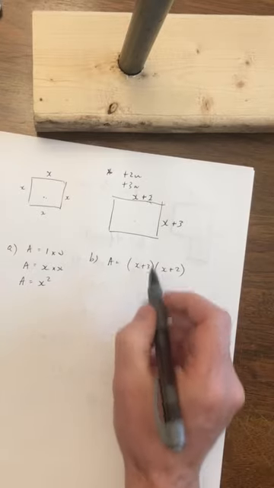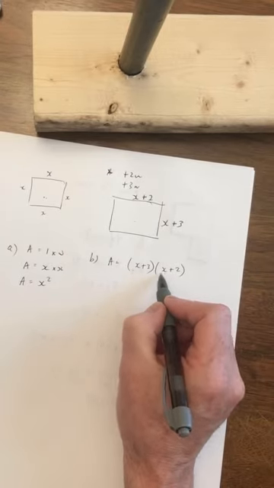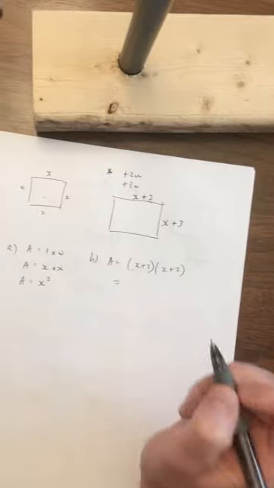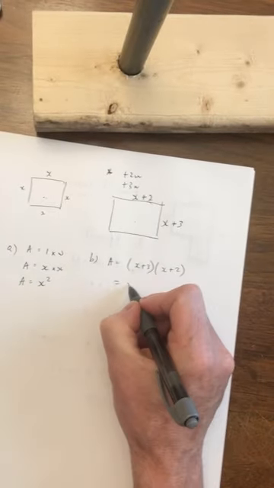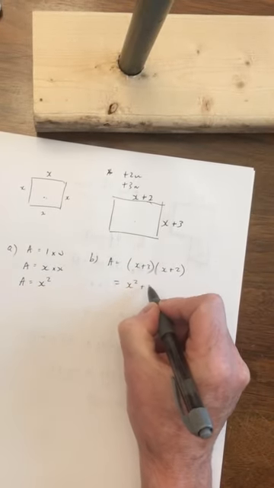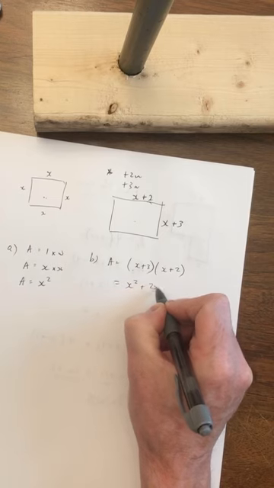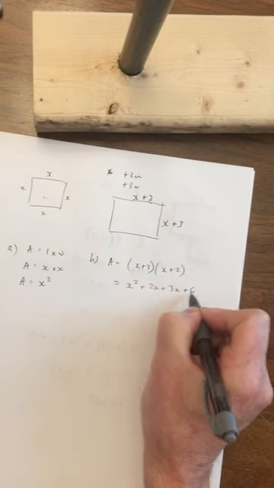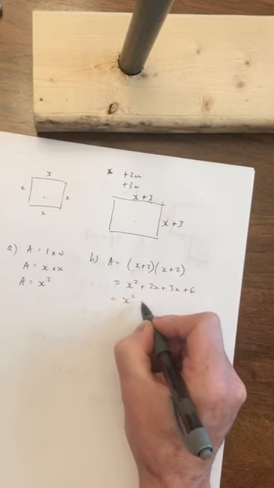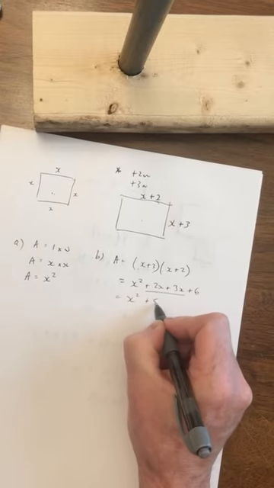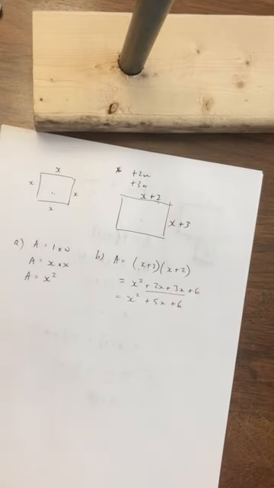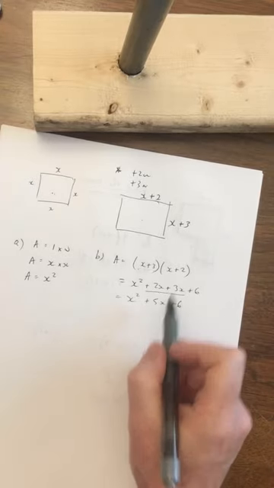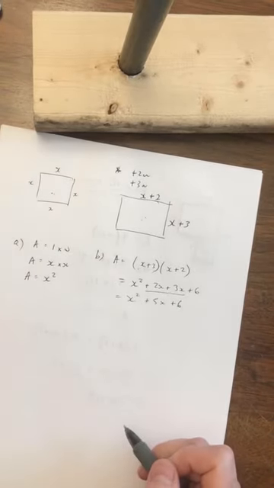Remember, use your bracket so it's the whole length times the whole width. We can FOIL this out, and we get x squared plus 2x's plus 3x's plus 6. And there we go. We have the simplified area of the extended patio.